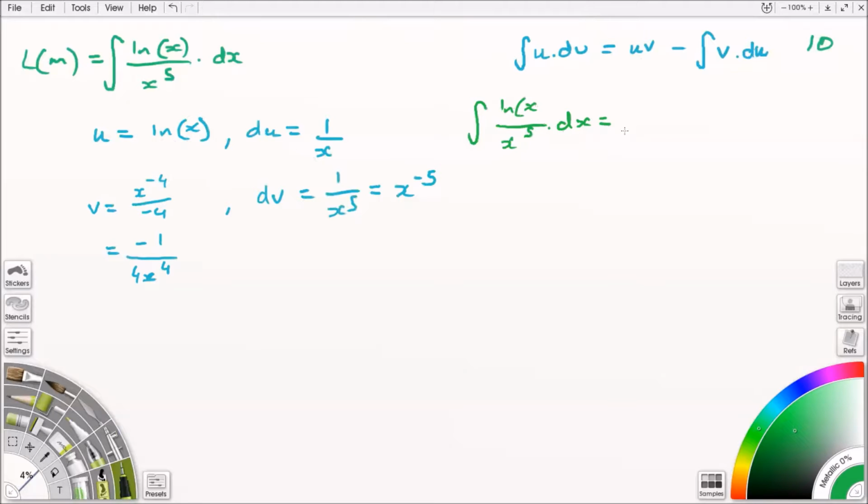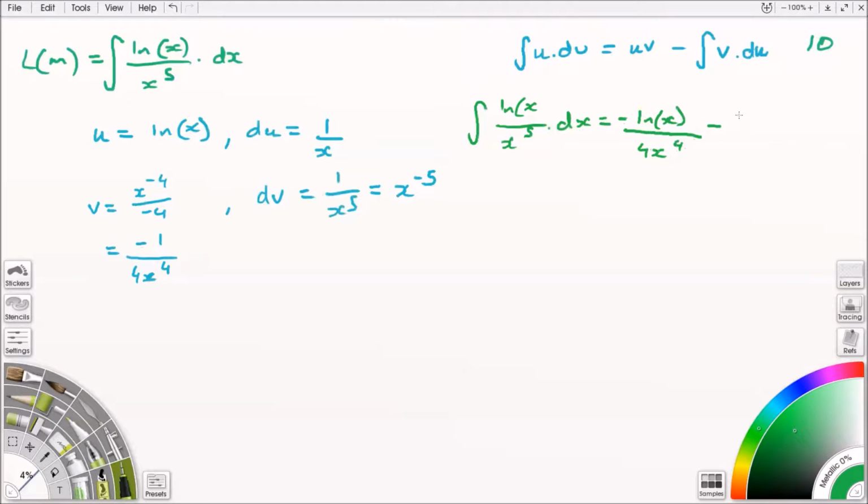So we write u, the log of x, now we times that by v, which is negative 1, so we can just put a negative sign there and then put all this over 4x to the power of 4.